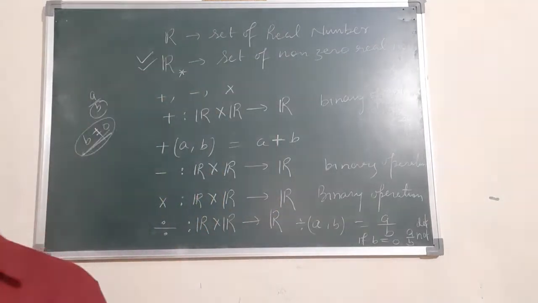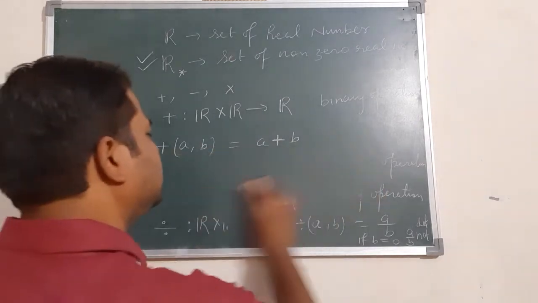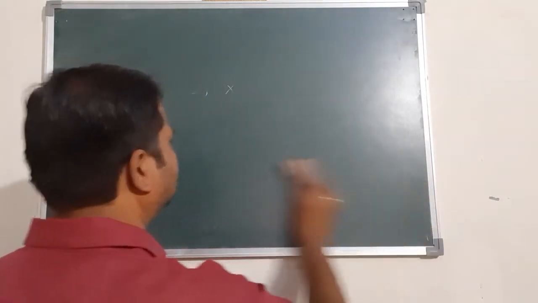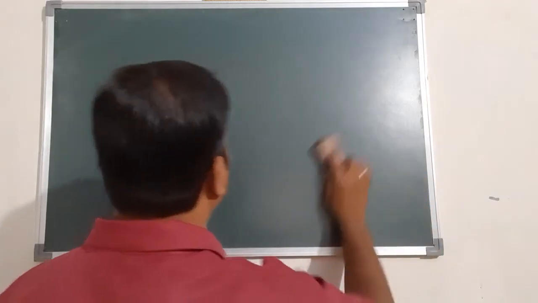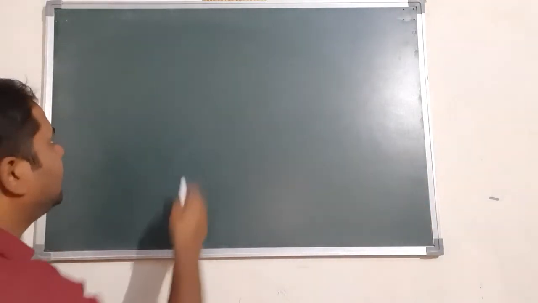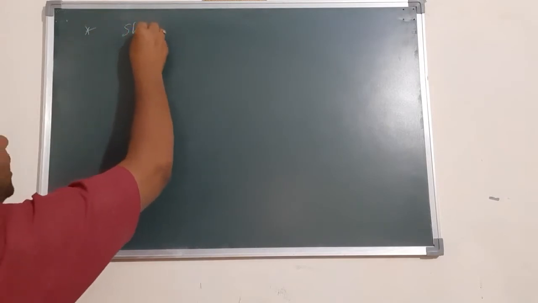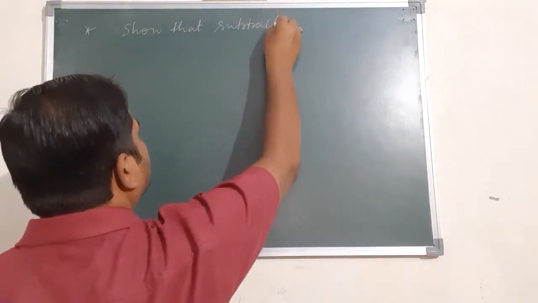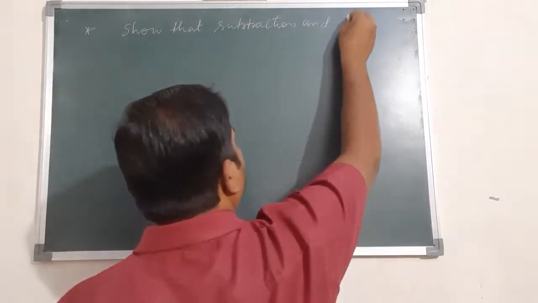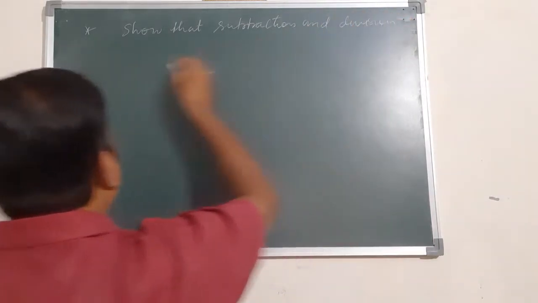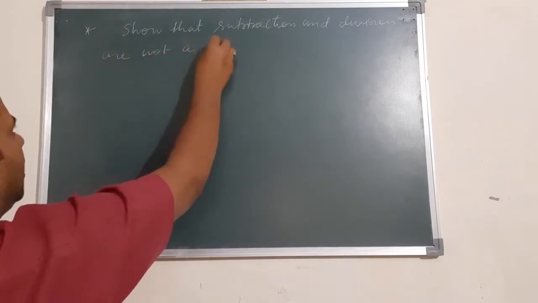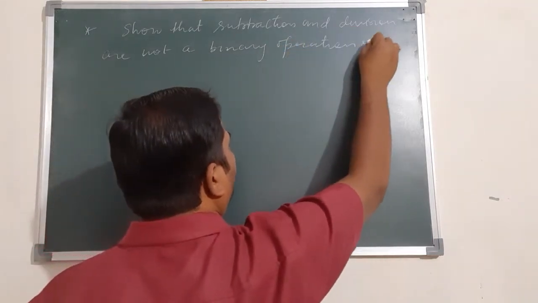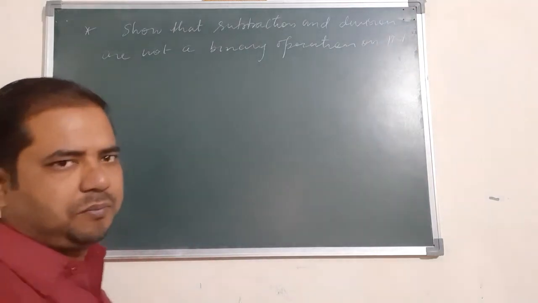Okay, now the next example you can say: show that subtraction and division are not a binary operation on the set of natural numbers.